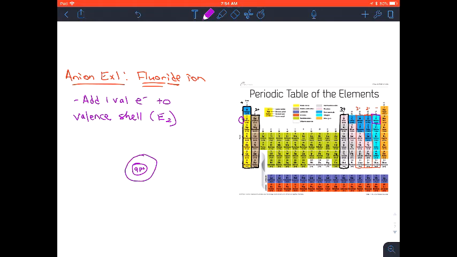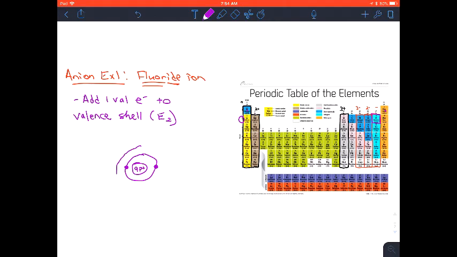We pass the first energy level, which has 2 electrons in it. Now we're on to the second energy level. We have 1, 2, 3, 4, 5, 6, 7 normally, but we know that we're looking for fluoride ion, so therefore it has to have a negative charge, and that means we need to add 1 more electron to it.